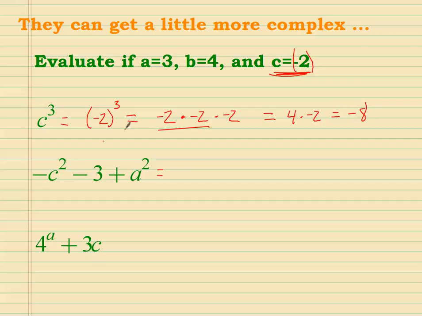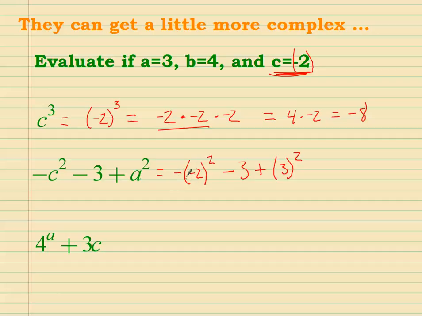Down here, it's going to get a little more complicated. My c value is negative 2, so I'm going to rewrite everything and just put in parentheses what I'm substituting. So the negative of negative 2 raised to the 2nd power minus 3 plus, and a is a positive 3, I'll still put it in parentheses, 3 squared. I'm just going to work my way down here.